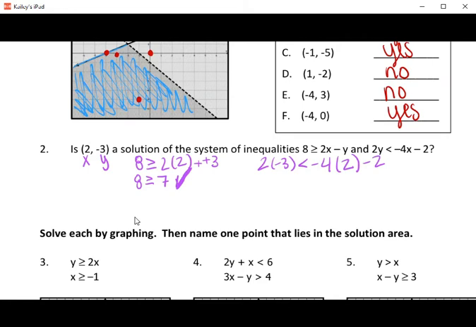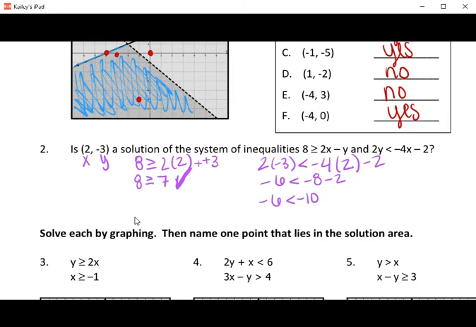So we're going to simplify here and see if this one's true. That would give me -6 is less than negative 4 times 2 is negative 8 minus 2. So negative 6 is less than negative 10 is what we end up with.